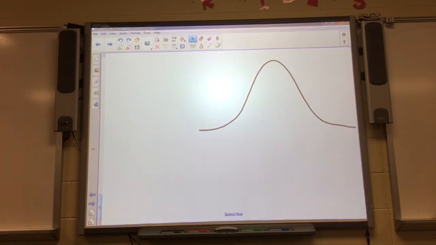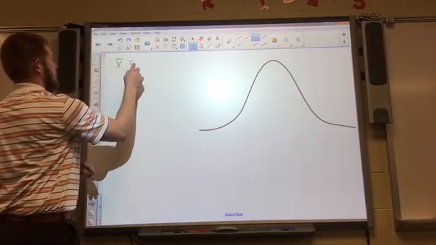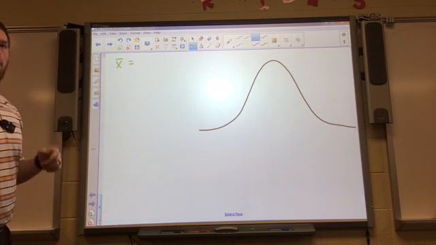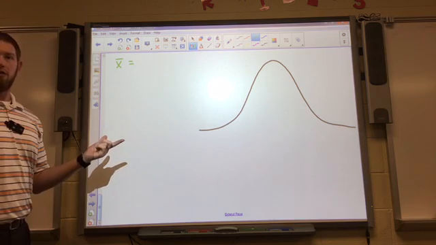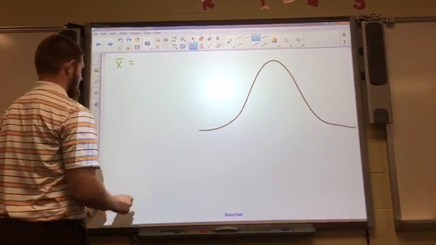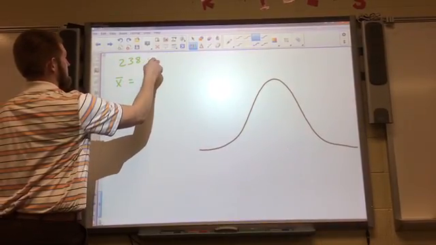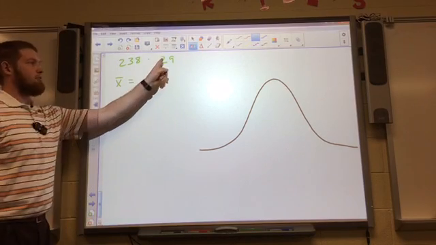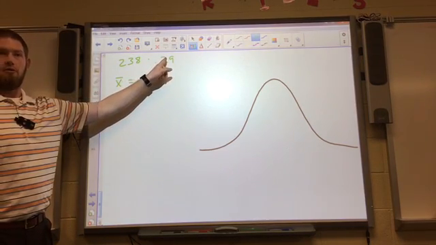Now, the question is, I need my mean and I need my standard deviation. How do I find my mean? It's the number of trials, which would be people in this case, right? Times, so I have 238 times 0.29, because that's the probability of one trial being successful, right?